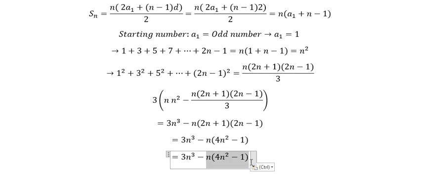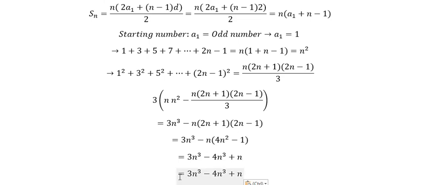This one, we have negative 4n to the power of 3 plus n. And this one, we have negative n to the power of 3. And now we can do factorization.